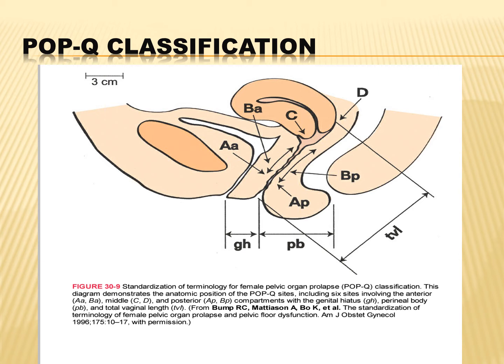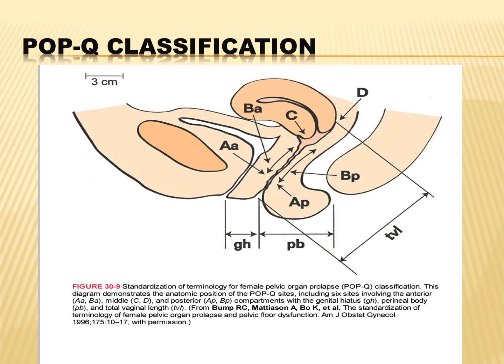So what are the 3 points on the anterior vaginal wall? That is point A on the anterior vaginal wall, which is depicted as capital A and small a, AA. Point B on the anterior vaginal wall is capital B and small a, that is BA. And point C. These are the 3 points on the anterior vaginal wall.